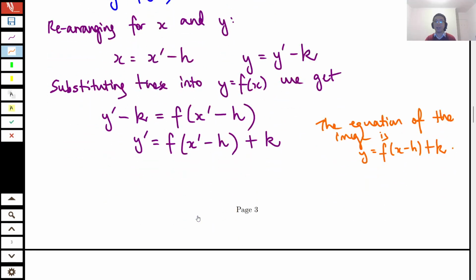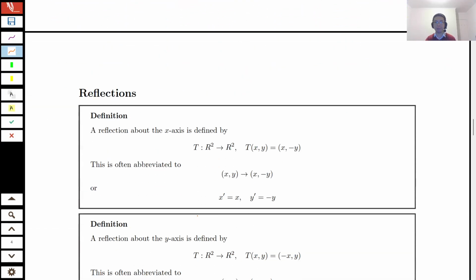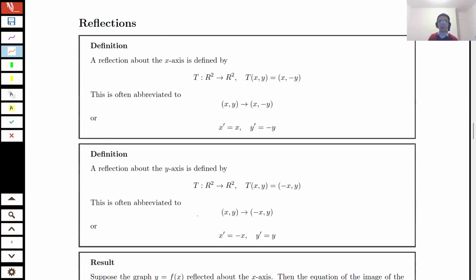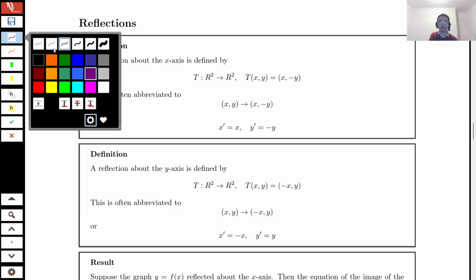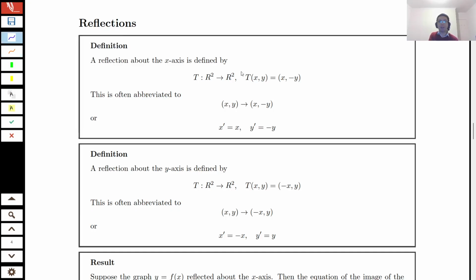Alright, next transformation is the reflection. So again, I'm going to draw some pictures for you. Suppose I have the point x comma y.